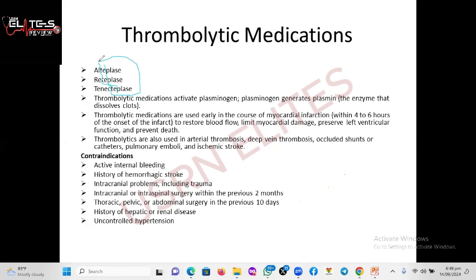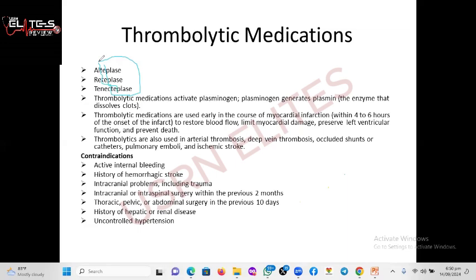And it's mostly given for people with deep venous thrombosis, those with occluded shunts, where they need to give something to open up, or catheter occlusion, those with pulmonary embolism, and ischemic stroke, very common with people with ischemic stroke.